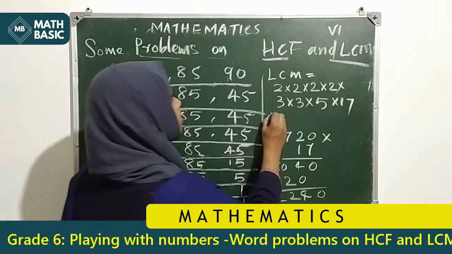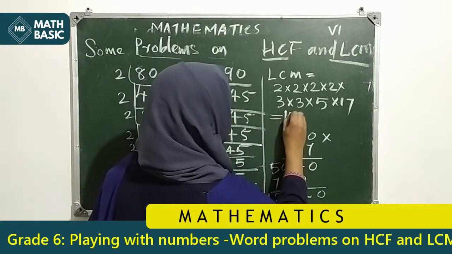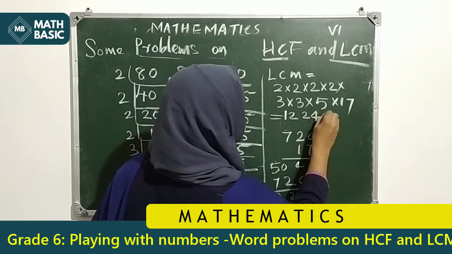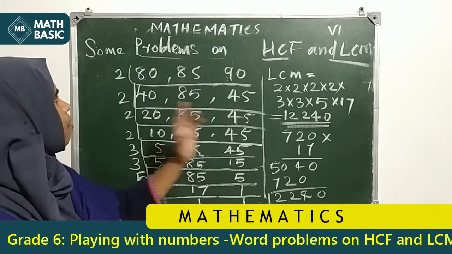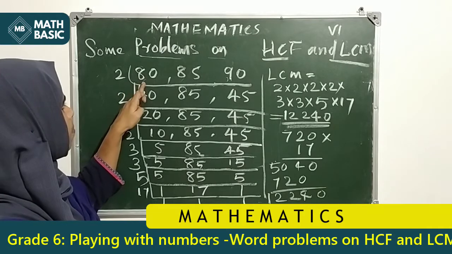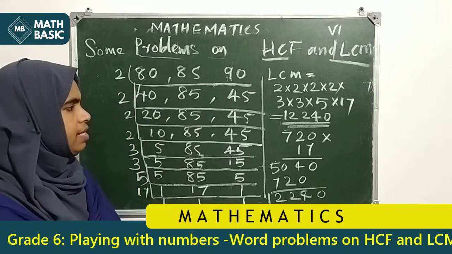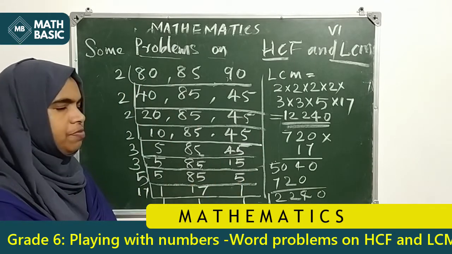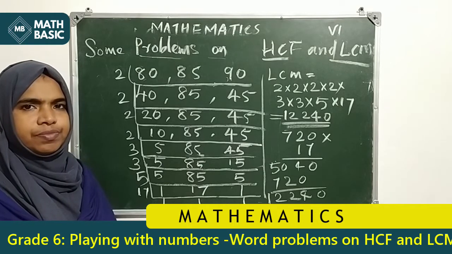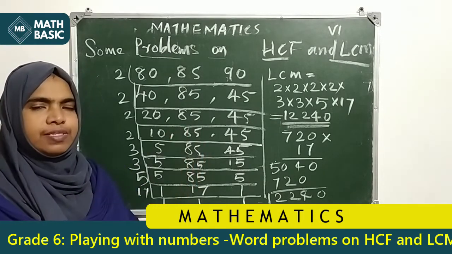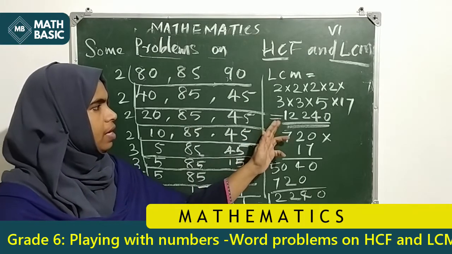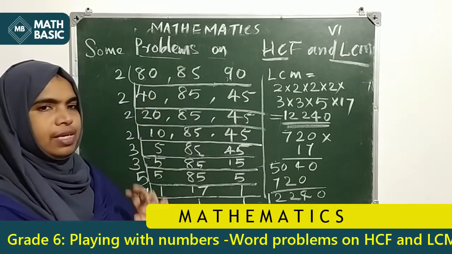This is the LCM. So the LCM of the three numbers 80, 85, 90 is 12,240. So the required minimum distance is 12,240 centimeters.